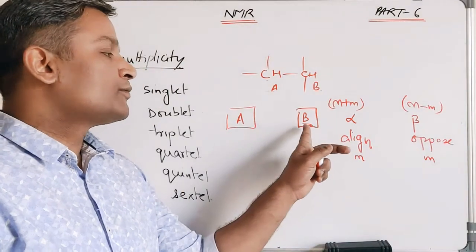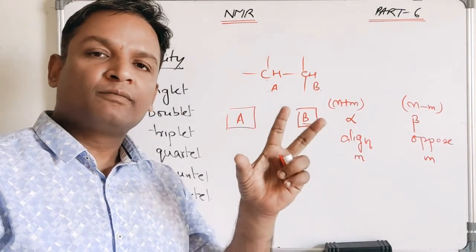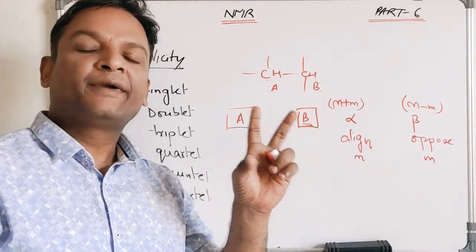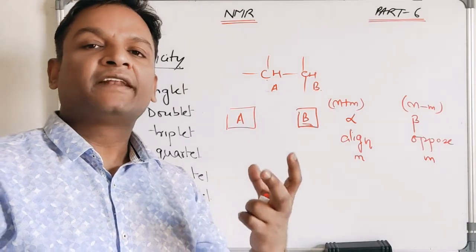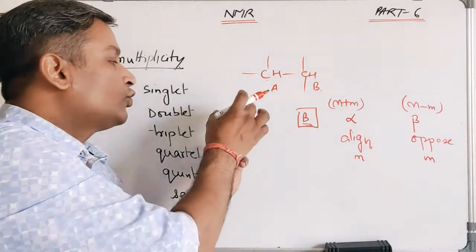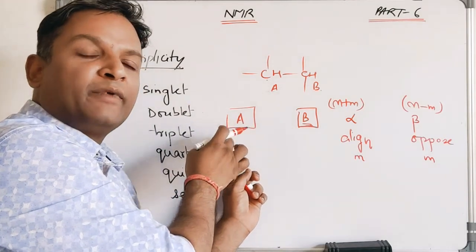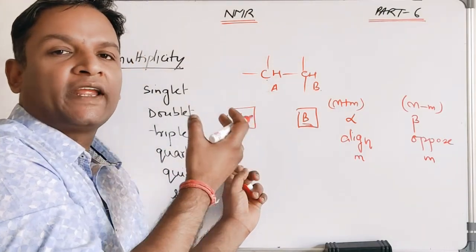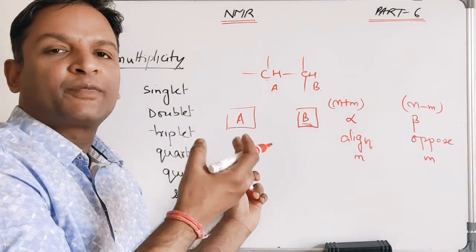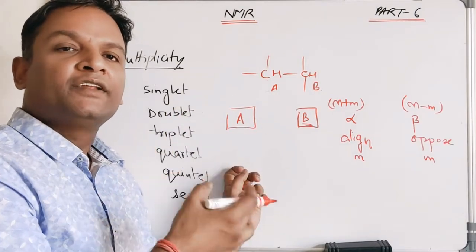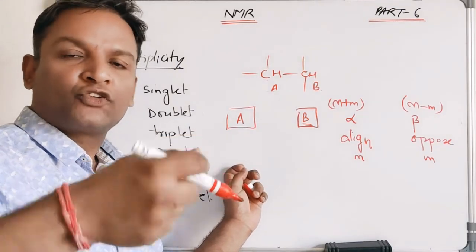So two different types of environment will be generated around proton A, and it means proton A will show two different precession frequencies, and resonance at two different radio frequency sources.